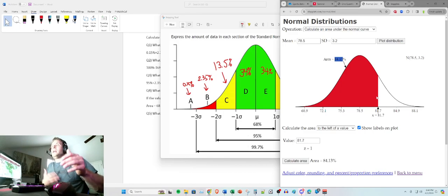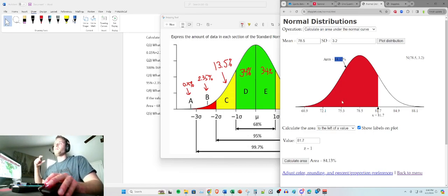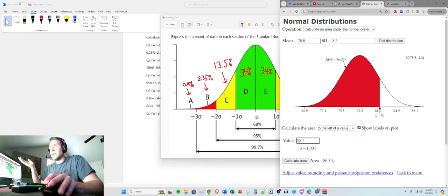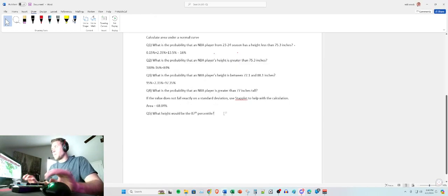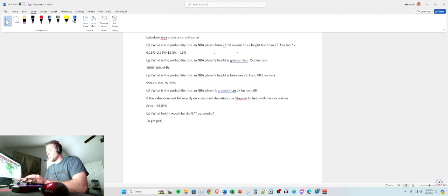Now, we don't actually have to just type numbers in here, because then I could go to 82, that's 86, then there's 83, so on and so forth. But we can actually do this to get percentiles in Stapplet.